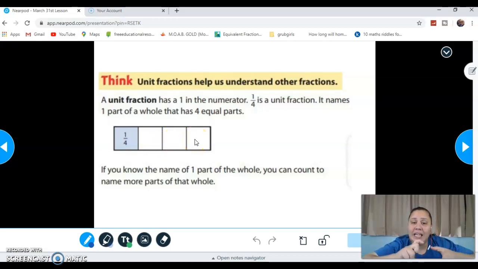We're naming each piece or each unit 1/4. So if you know the name of one part of the whole, you can count to the name of more parts of the whole. So if this is 1/4 and we add another 1/4, then we know that those two shaded are what? 2/4. But each piece is 1/4. Okay?